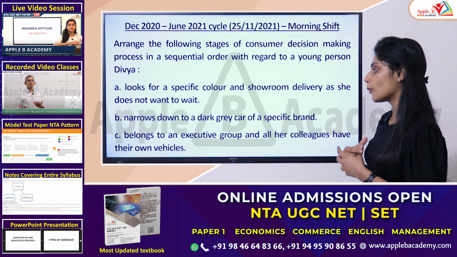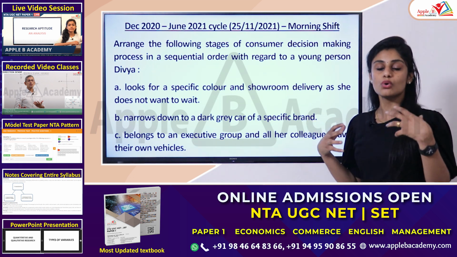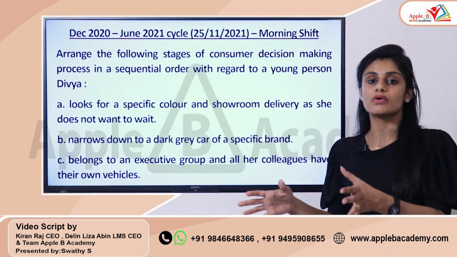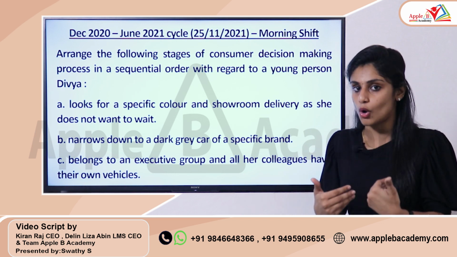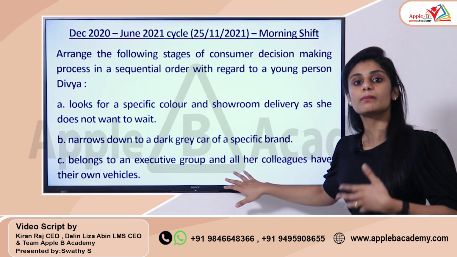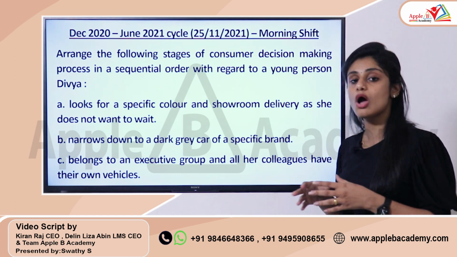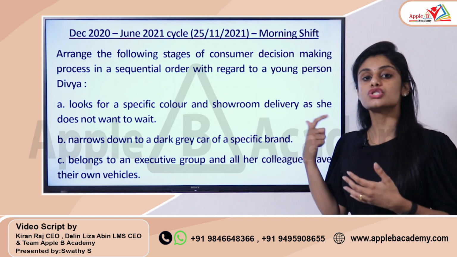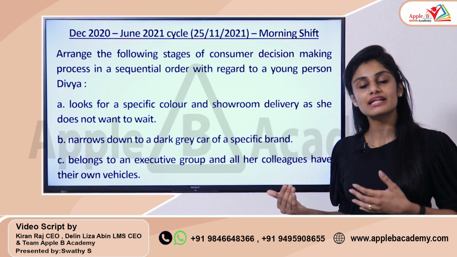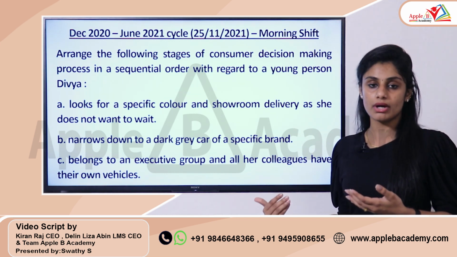Then with option C, belongs to an executive group and all her colleagues have their own vehicles. When Divya identifies that all her colleagues have their own vehicle but she doesn't, here she is actually identifying a problem. So this is the stage where problem recognition or need recognition is happening. So the first step should be option C. It is not directly stated as problem recognition, but by reading this, you can identify that it is a process happening with regard to problem recognition, right?